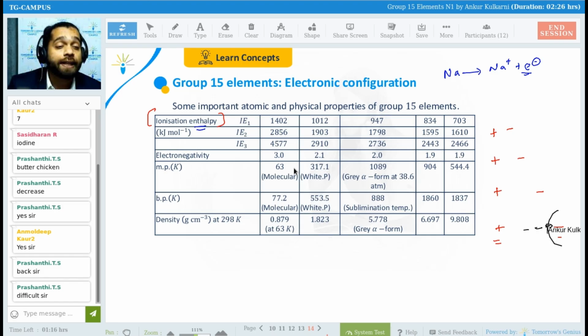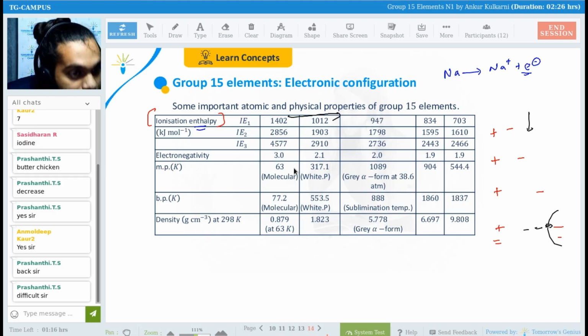So it becomes easier to remove the electron as the size increases, and hence as you go down the group, the ionization enthalpy, the energy required to ionize your element, is less. Hence, as you go down the group, your ionization enthalpy decreases.